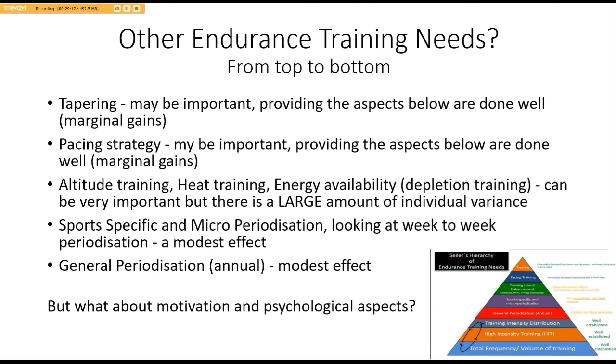Altitude training, heat training, energy availability, so you might be looking at glycogen depletion training, going out and exercising without glycogen stores. These can be very important, but there is a large amount of individual variance. So what works for some may not work for others. So again, you need to explore that in an environment where real measures are taken to see if that is actually working for you.